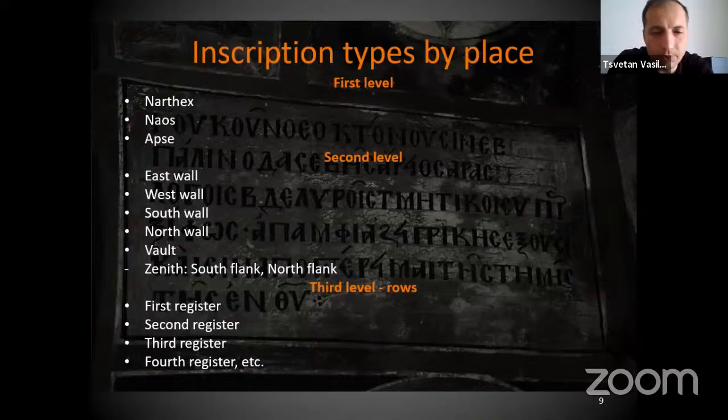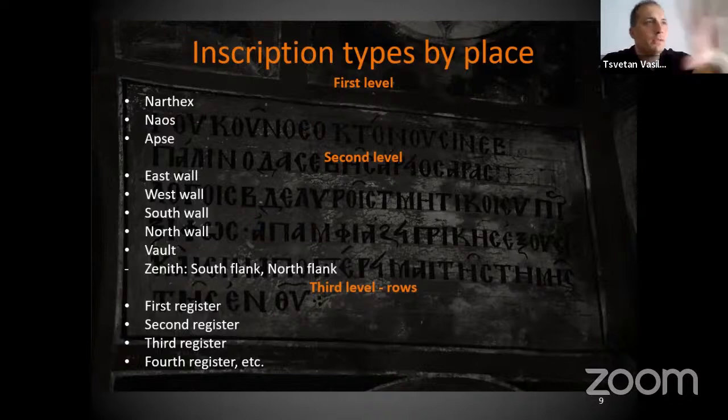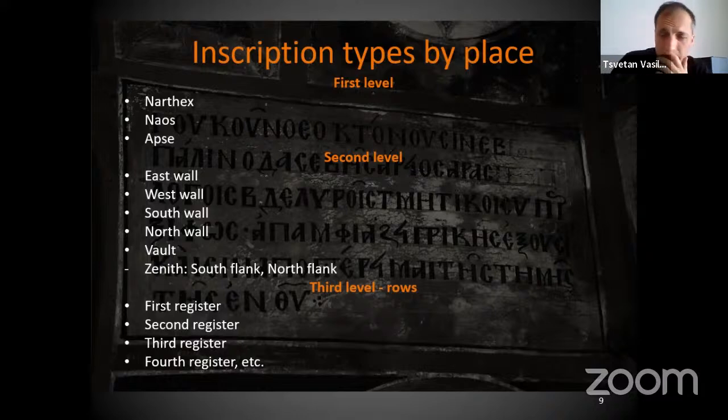But on the third level, we have first register, which means this is the first row, and then we have second row and third row of scenes or figures of saints or prophets, and we can have third, fourth, etc. So this is another classification.